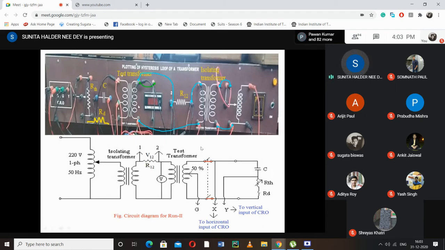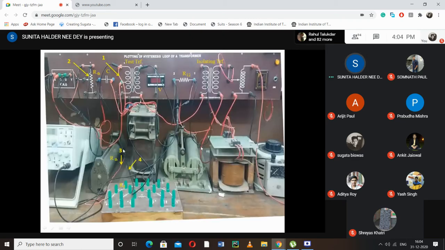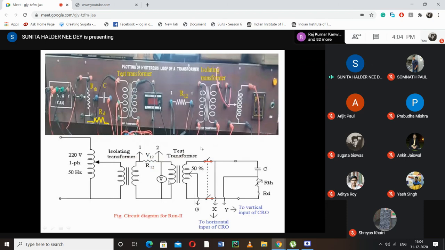The voltmeter is there. The secondary should be connected to C, then to R. Then there is an RD that I have shown on the table, and from RD it is connected back to the transformer secondary. Actually this happened through this decade resistance on the table.